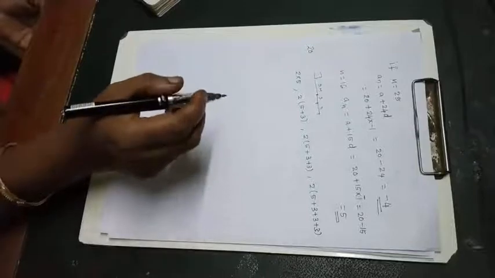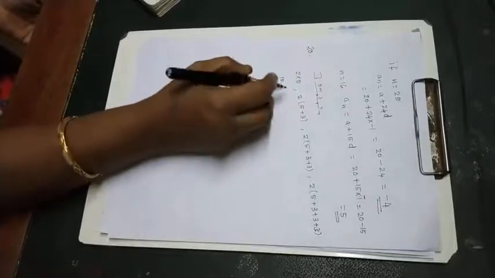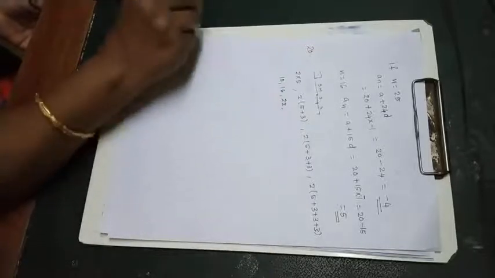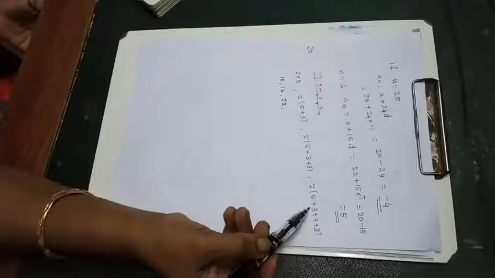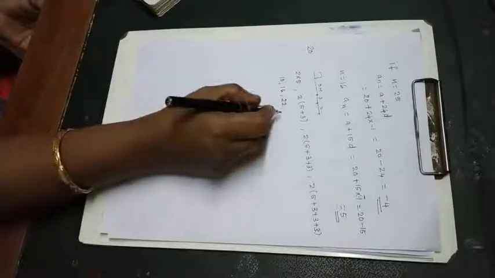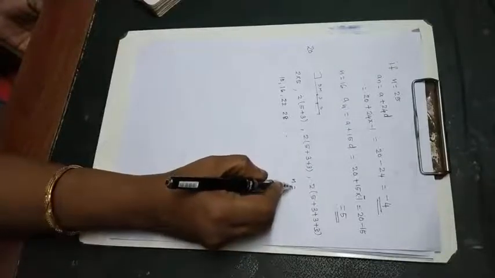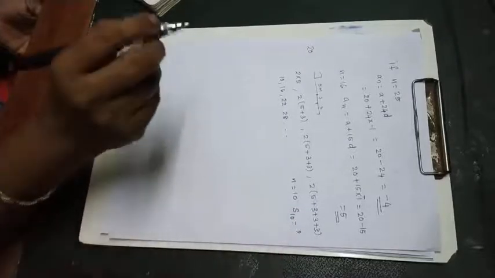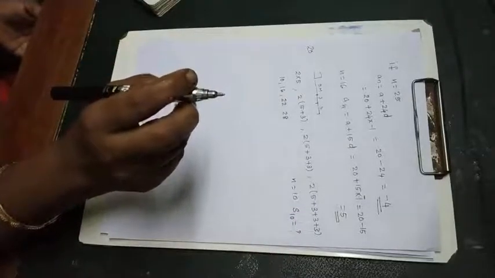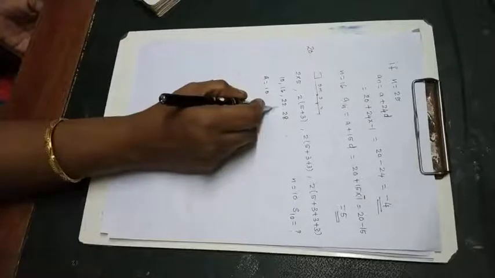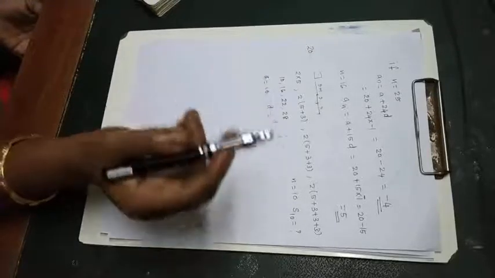So first one will be 10 meters, then 16, then 22, then 28, and so on. Like that, n is 10 here. You are asked to find out S10. What is a here? a is 10. What is d here? 6, 16 minus 10.